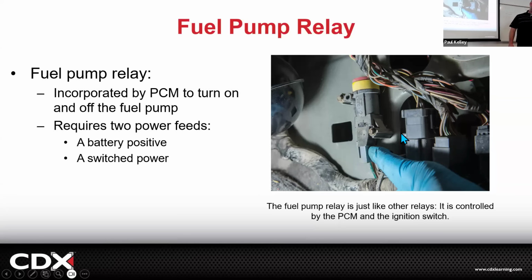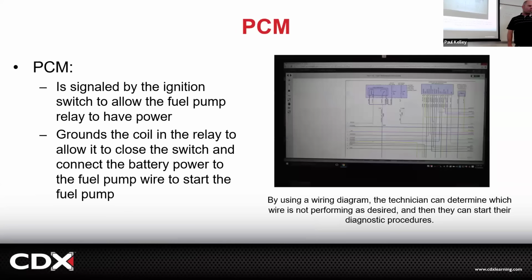The relay is generally computer controlled on the newer ones. And you guys can see, if you start to diagnose a fuel pump issue and your fuel pump's not working, just because the fuel pump doesn't work does not mean that the fuel pump is the problem. The fuel pump needs 12 volts and needs ground. If it's not getting 12 volts and ground, you've got to study the wiring diagram and trace it.